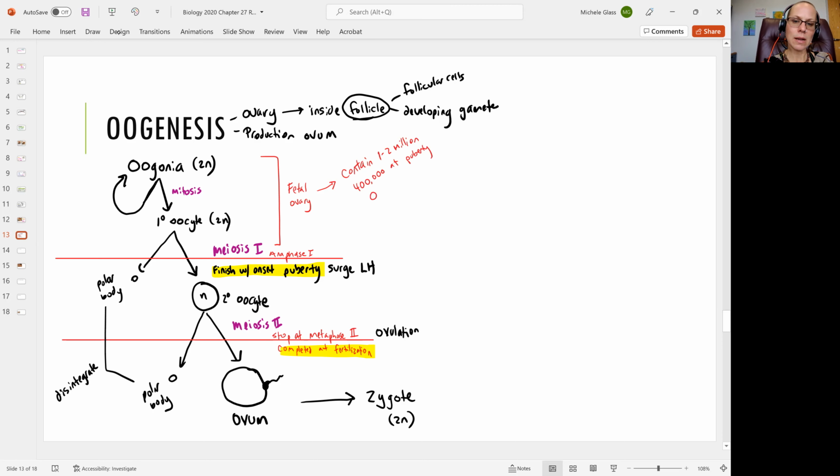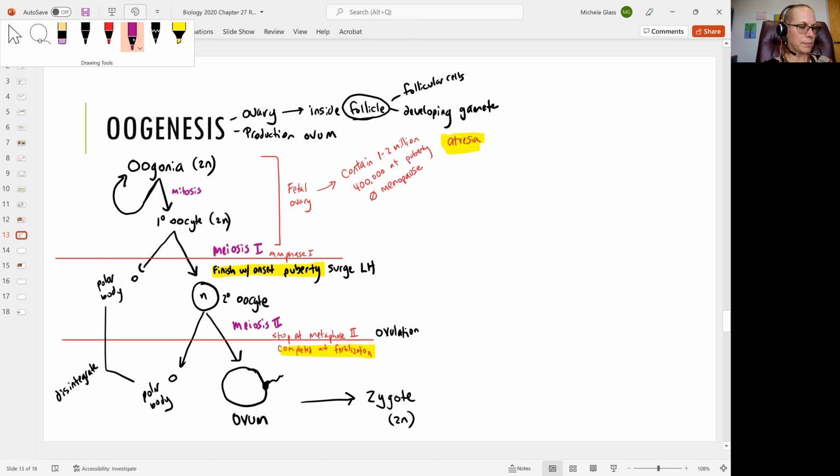And then by the time that individual reaches menopause, there are 0 remaining. 0 left at menopause. This constant reduction of these developing cells is referred to as atresia.